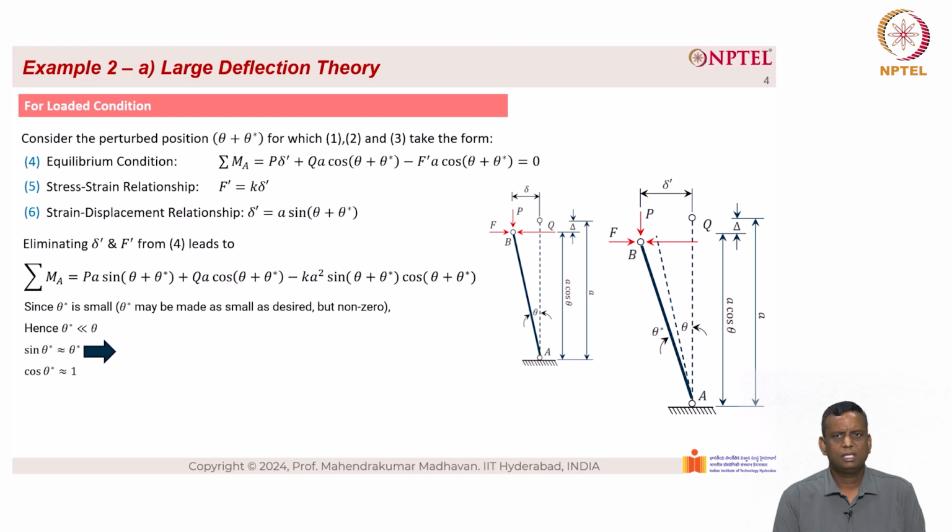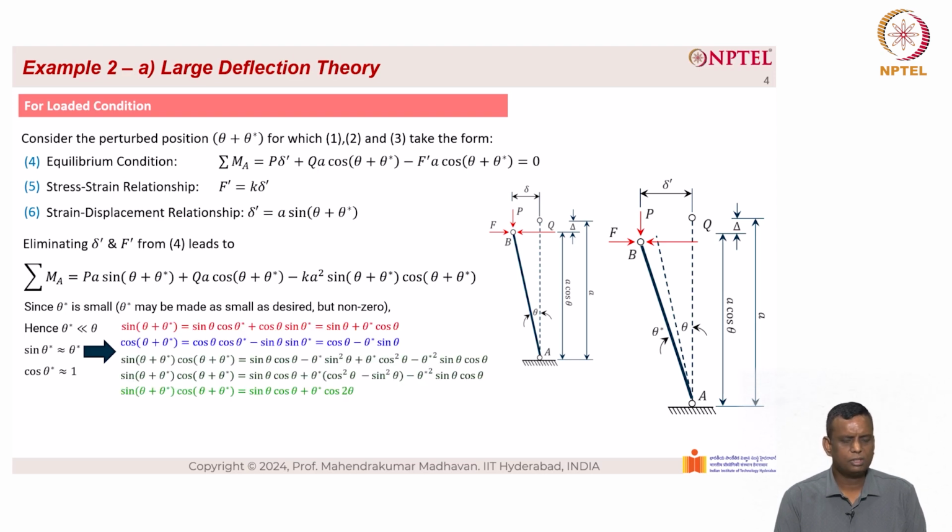This equation can be simplified by the following assumptions. When theta star is very small, theta star may be made as small as desired but not 0, we have sin theta star equal to theta star, cos theta star equal to 1. We also know the trigonometric equations we have studied in high school: sin A plus B equal to sin A cos B plus cos A sin B, and cos A plus B equal to cos A cos B minus sin A sin B. Here instead of A and B, we have theta plus theta star.